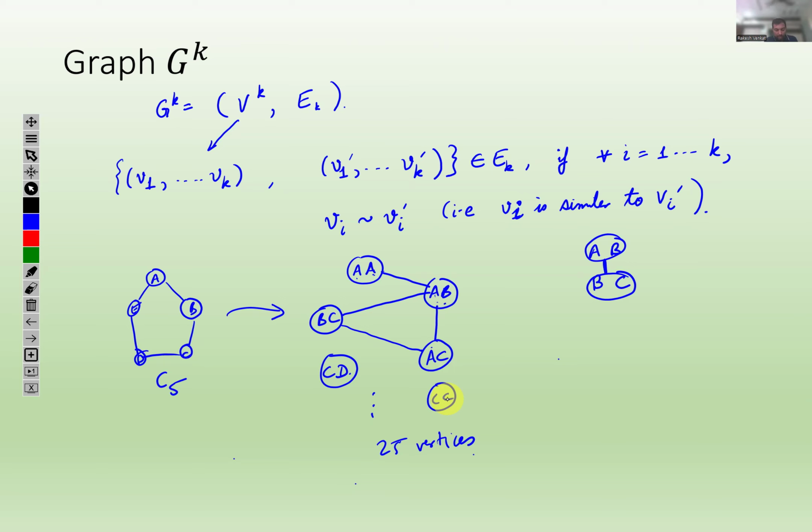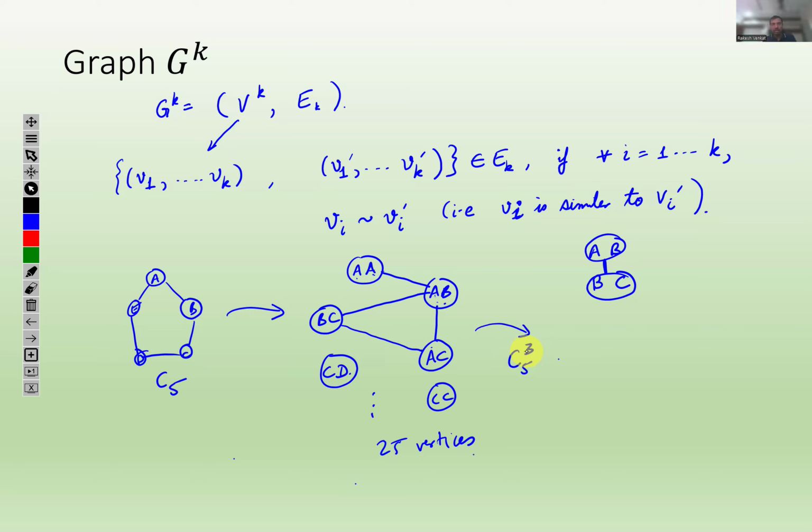So you can think of basically doing this K times, right? And you could think of what's happening if you power this 3 times. I'll call it C5 cube, right? Then you'll have 5 cube vertices, okay, 125 vertices, and you can draw a similar graph there. Okay.